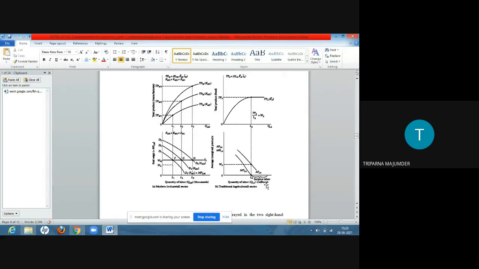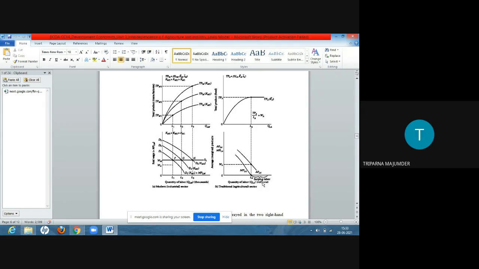Just remember this, as there is a difference between this diagram and this diagram, because here quantity of labor is measured in thousands of workers. So here we are measuring in millions of workers.